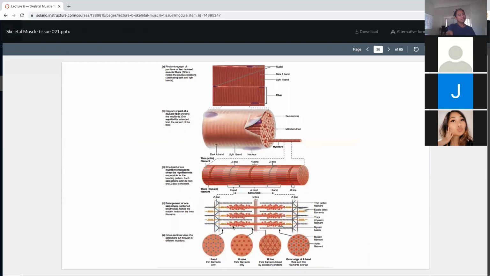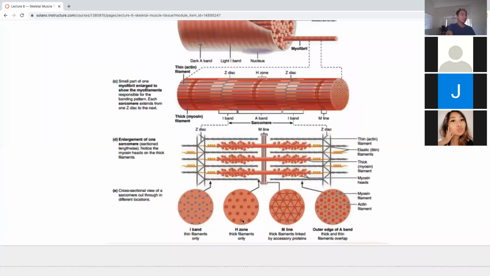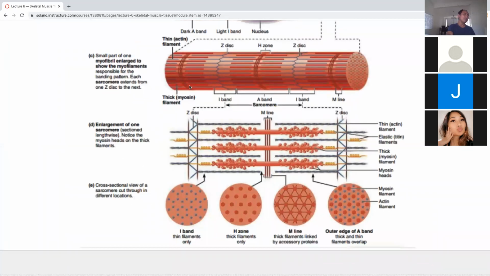And yes, don't forget, or if you look at the sarcomere, which is a structure between two Z, one Z and the other Z, and M line in the center. This is the M line, one Z here, other Z here. You can see the actin and myosin.